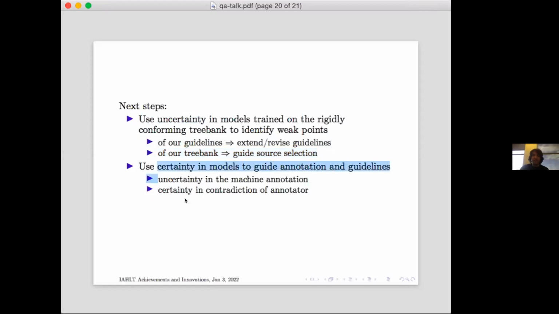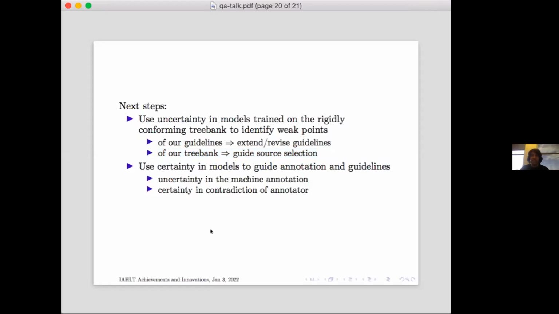We can also use certainty to help our annotators and those writing our guidelines. So if we find uncertainty in the machine annotation, then that's something that should be pointed out to the annotator, that the model is less sure of this, and that's a place for special attention.